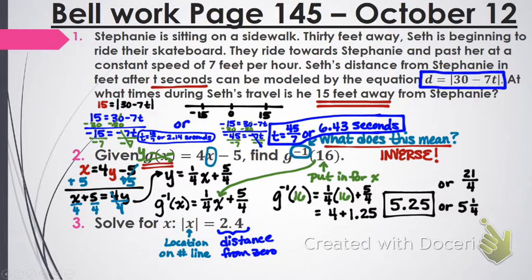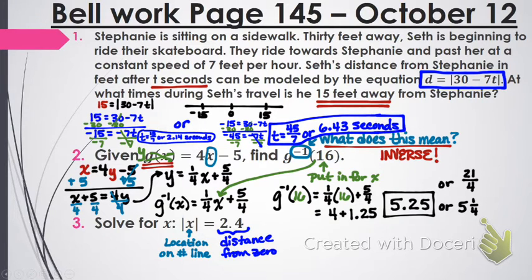Which of those things do I know, and which of those things am I looking for? I'm looking for the location on the number line, because that's the x, that's the variable. That's the thing I don't know. What do I know? That it's 2.4 units from 0. If I told you that I was 2.4 miles away, I could either be where or where?